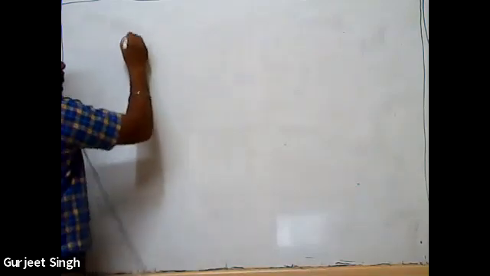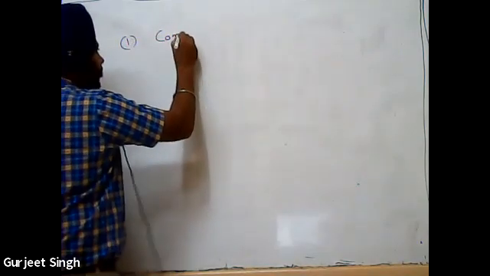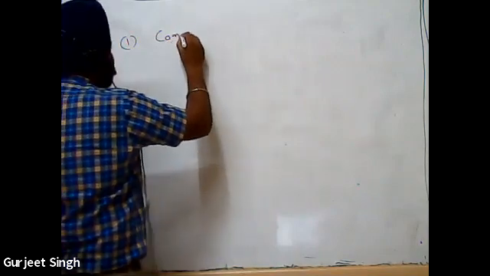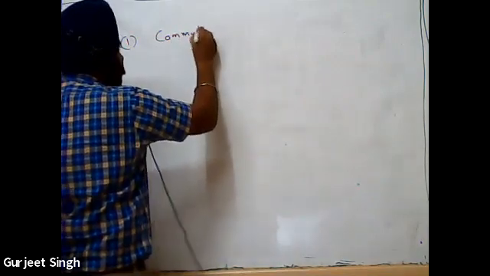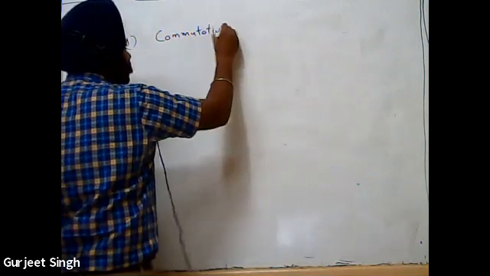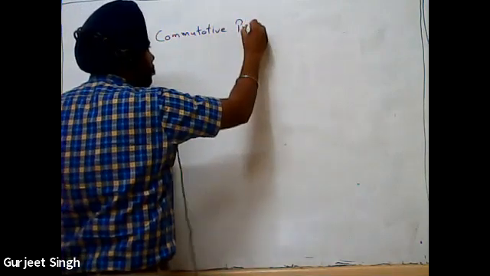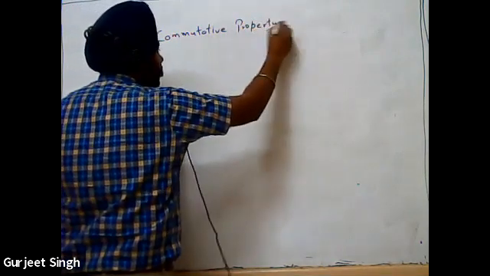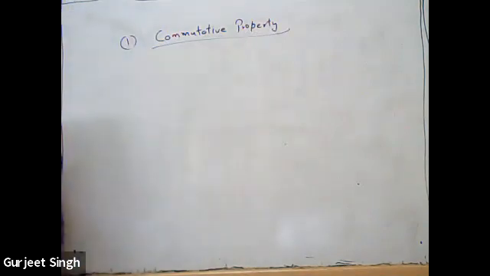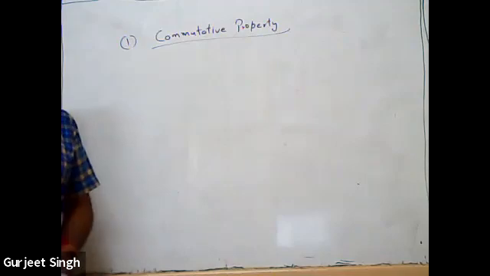The first property of the LTI system is the commutative property.